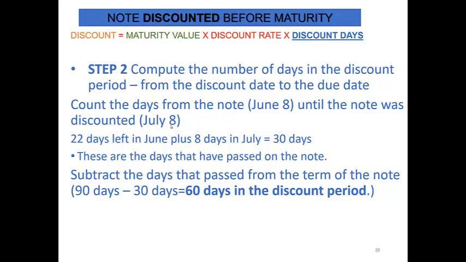So 30 days have passed on this note. If it's a 90-day note and 30 days have passed, then we know that 60 days remain in the discount period. So the bank has to hang on to this note for 60 days until it matures and they receive their payment.